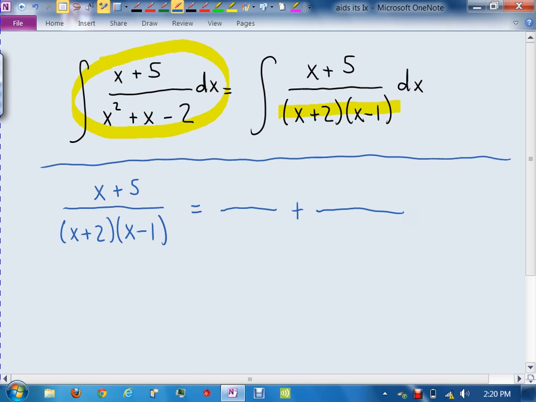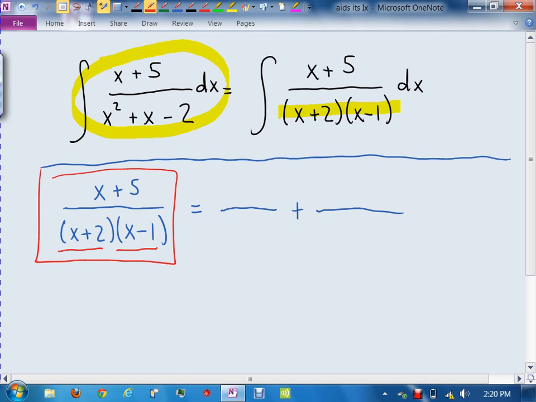So the way partial fractions works is it says, look, if you look at this left side, this rational expression, if you have two factors in the denominator that are linear, right? These are both linear factors. X plus 2 is a linear factor. X minus 1 is a linear factor.